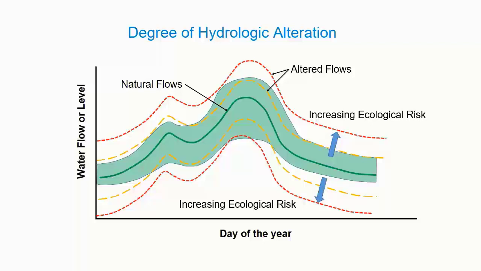So as part of the process of assessing freshwater health, we need to assess the degree of hydrological alteration, or changes in the natural quantities of water in freshwater systems over the course of days, weeks, months, seasons, and even years. Let's now look at a couple of the widely used approaches to assess hydrologic alteration.